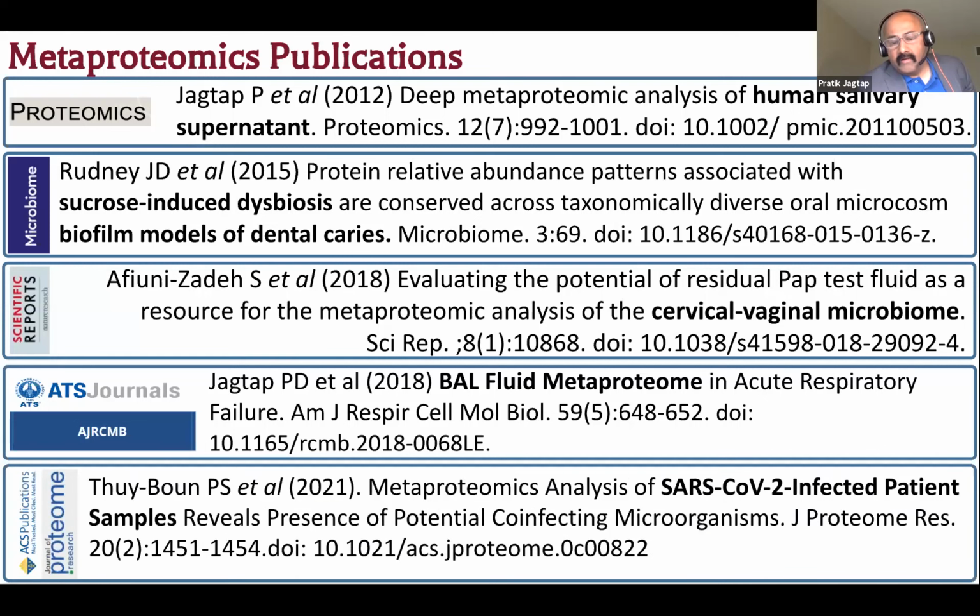And then just last year, in the middle of the pandemic, we published a paper where we were interested to see if, apart from SARS-CoV-2 peptides in clinical samples, we find any co-infecting bacteria that could be present in the samples. And we did end up finding a few of them.